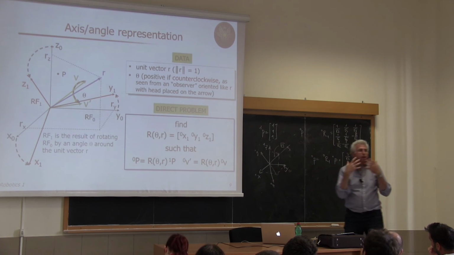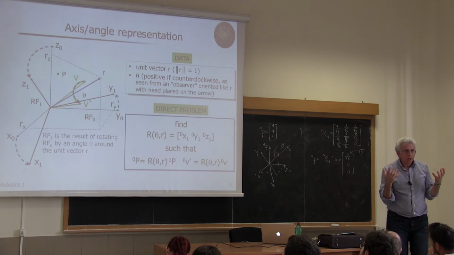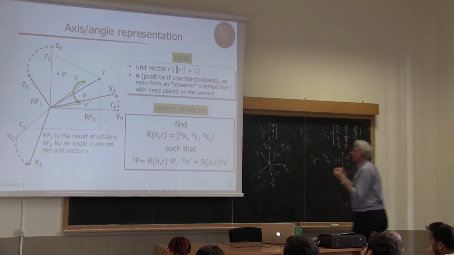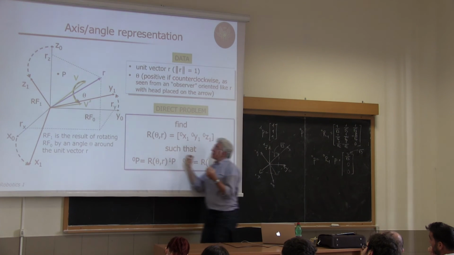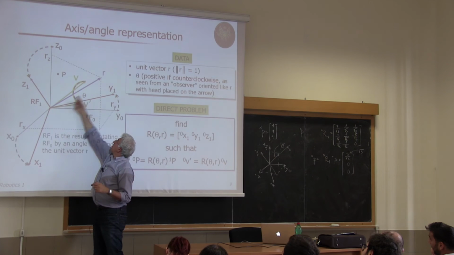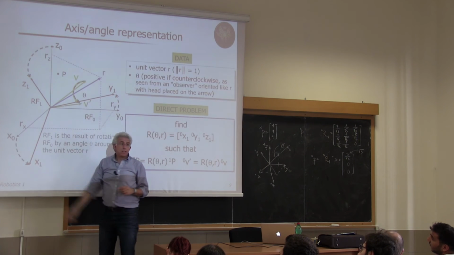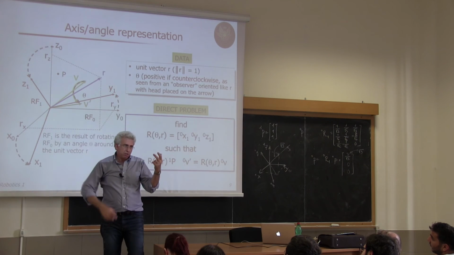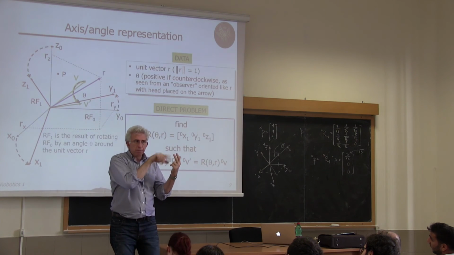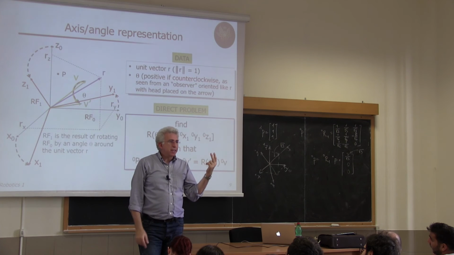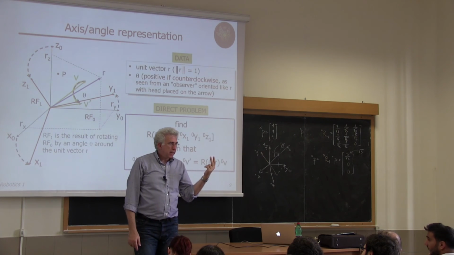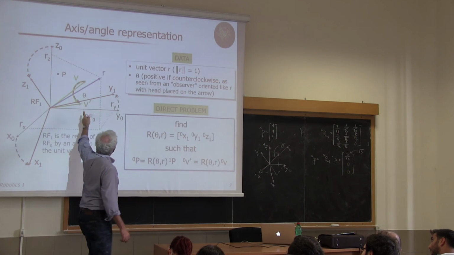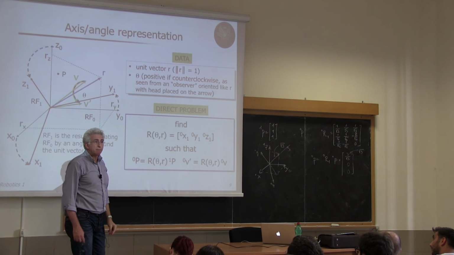So how do I represent this rotation? Knowing only a few numbers, the directional cosines of this unit axis, so 3 numbers, but actually only 2 because the third number should make this vector unitary. Okay? And then the scalar theta, which is the angle around which I'm rotating.